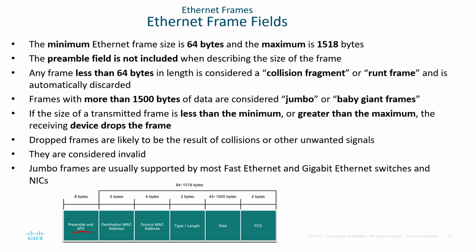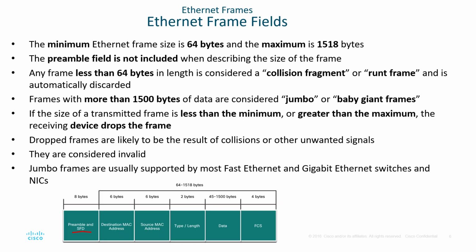Any frame that is less than 64 bytes in length is considered what we call a collision fragment or a runt. They are automatically discarded. Frames with more than 1,500 bytes of data are considered jumbo or baby giants. They are also discarded.